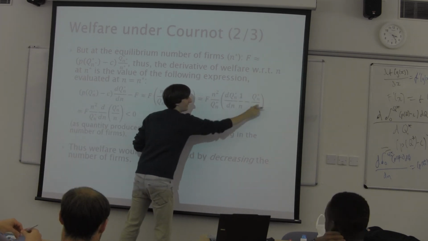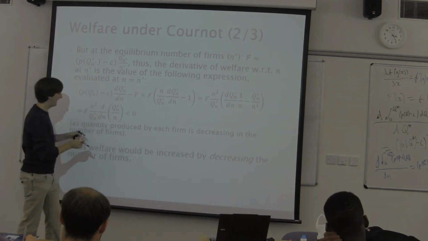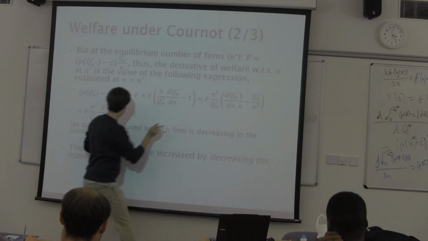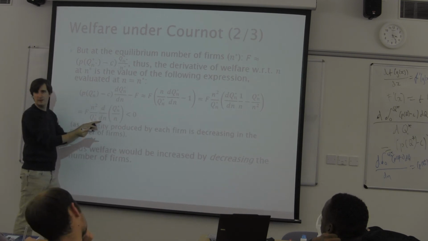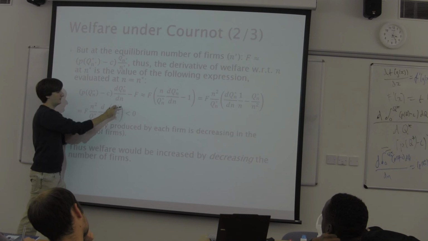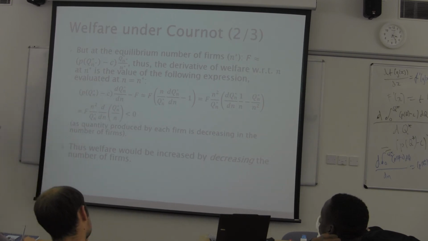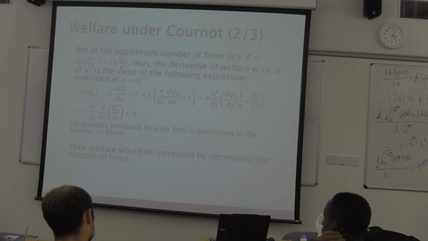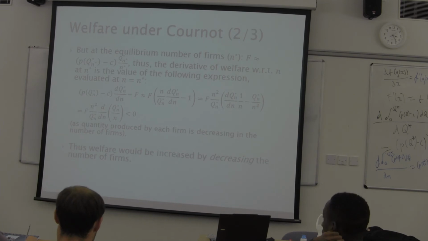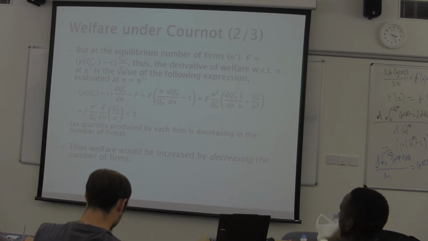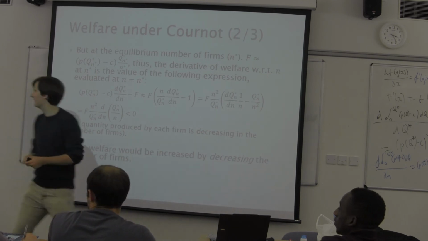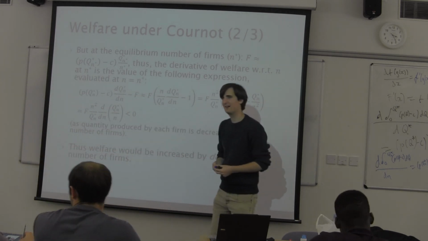Look at this thing in brackets. What I'm claiming is that this thing in brackets is the derivative with respect to n of qn over n. Do you know the rule for differentiating a ratio? The derivative of u over v is u dash v minus v dash u, over v squared. Don't you remember that from your A-level maths formula book a long time ago?